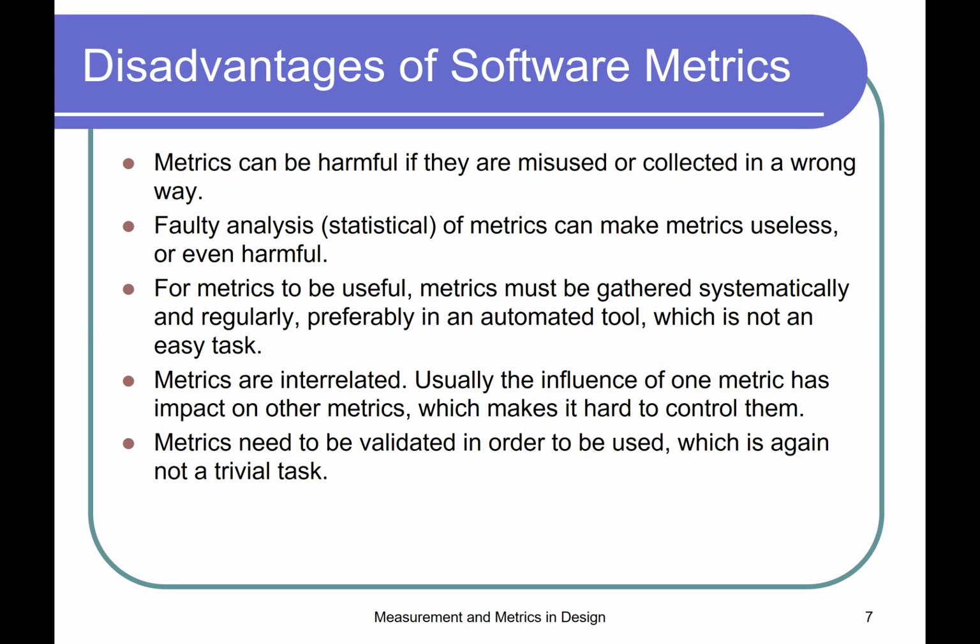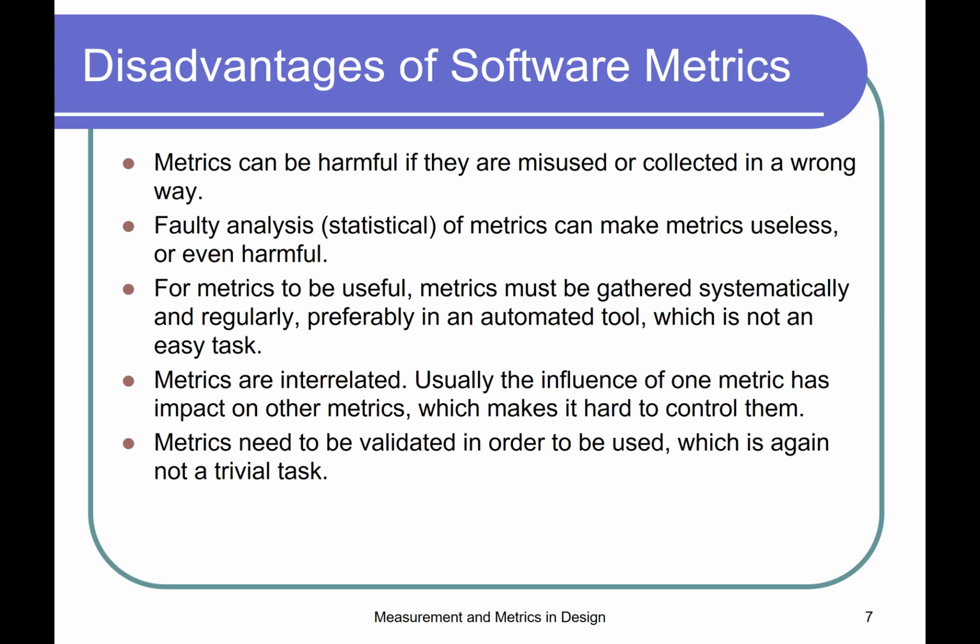For metrics to be useful, metrics must be gathered systematically. Now, if I want to know the average temperature in Riyadh, I have to take my measurements systematically, once a month. If I want to know the average temperature throughout the year, it doesn't make sense to go get 6 measurements in July and 1 in November.